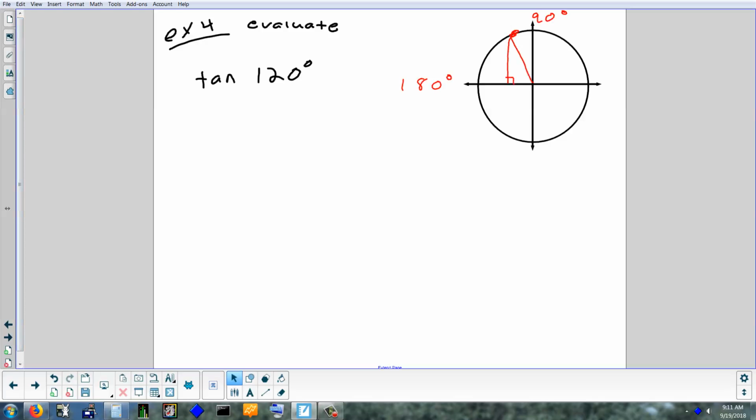Since it's closer to one than the other, it's not right in the middle, so this is not the 45, 45, 90. Another way to figure that out is look at the number 120. Does 45 divide into 120? No. Does 30 go into 120? Yep. This is the 30. This problem has to do with the 30, 60, 90 triangle.